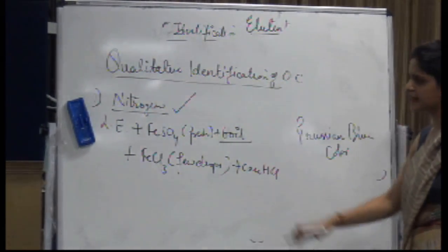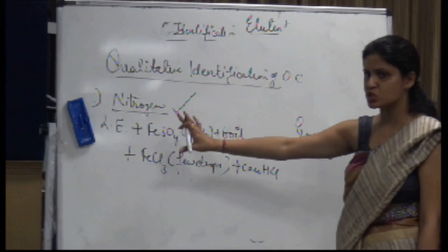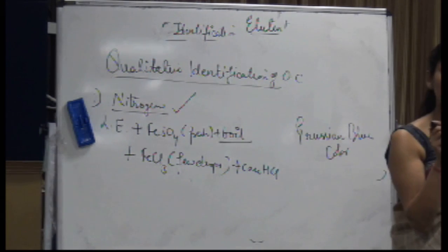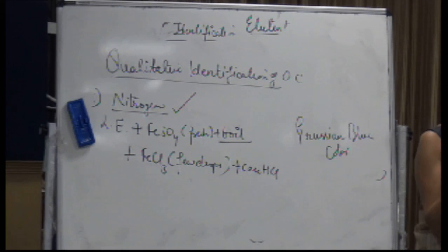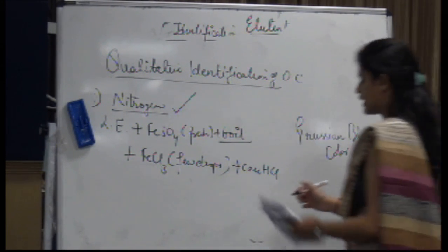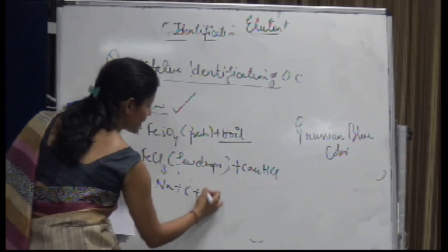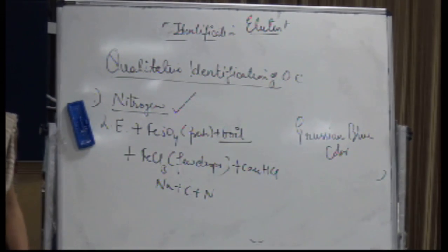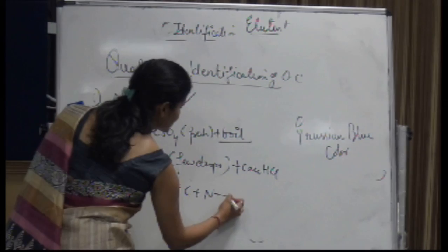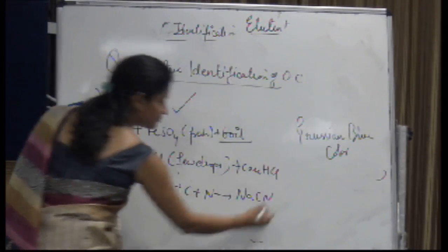If I am saying that the compound has nitrogen and I have combined this nitrogen with the sodium metal, it would exist as Na+, C, N. I know this is an organic compound, so carbon has to be present in it, so it is possible that it is present as NaCN.